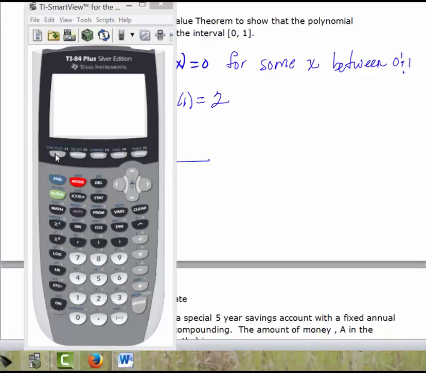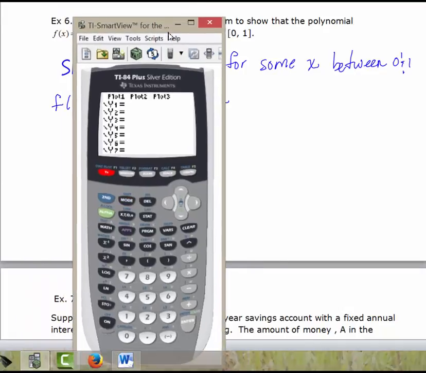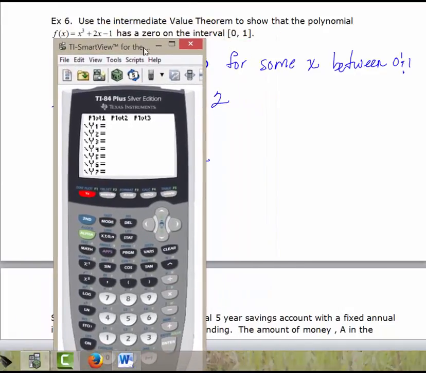So I'm going to graph the function y equals x cubed plus 2x minus 1, and I'm going to do a zoom 6 just to give me a standard 10 by 10 window, since I know what I'm looking for has to happen between 0 and 1.